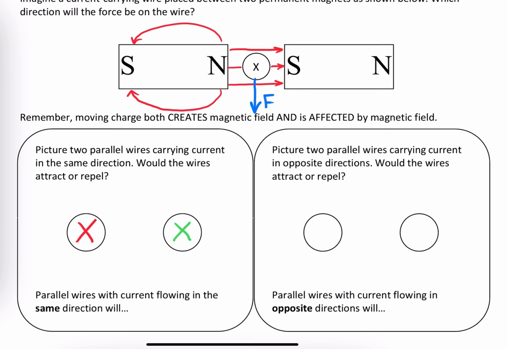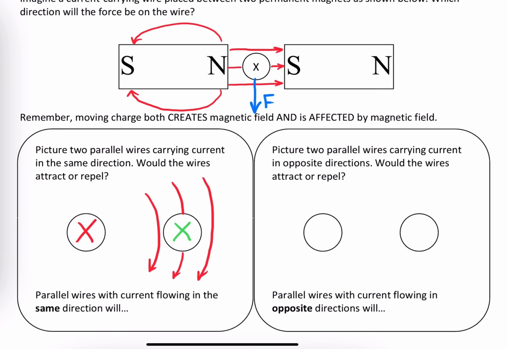So I will have a magnetic field going clockwise around this wire. Now I'm not going to draw that magnetic field everywhere. I'm just going to draw what it looks like in the region of my second wire. So I have a magnetic field that'll be going like this. There's my red magnetic field created by the red current in this wire.